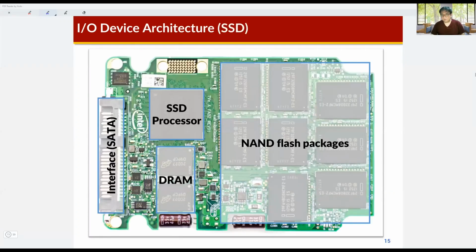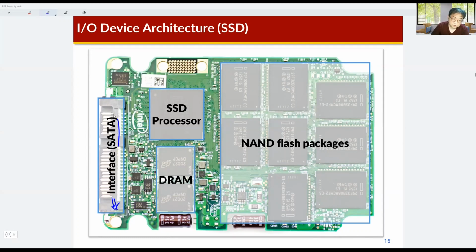So for example, we can look at the solid state drive. This slide shows a figure of the Intel SATA SSD. As you can see, this SATA SSD has the interface part. Through this SATA interface, the SSD is connected to the CPU or the entire computer system.